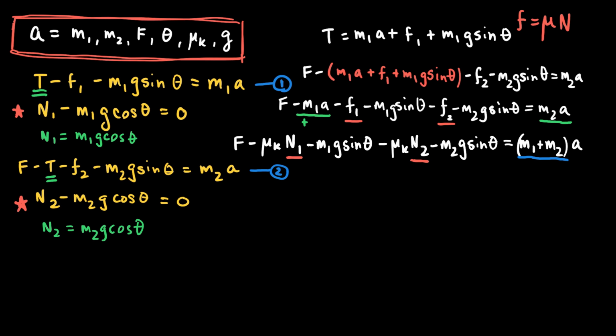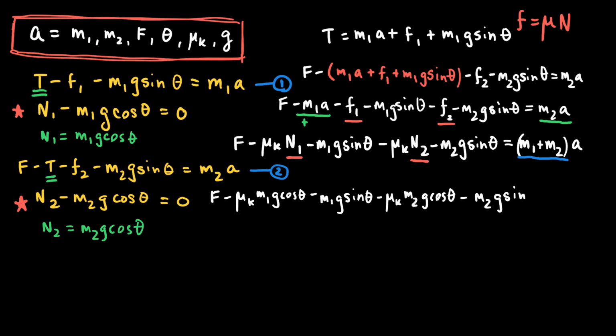And so all of that in the next step looks something like I have f minus mu k times n1, which is now m1g cosine theta, minus m1g sine theta, minus mu k times n2. n2 is m2g cosine theta, minus m2g sine theta, equals a.